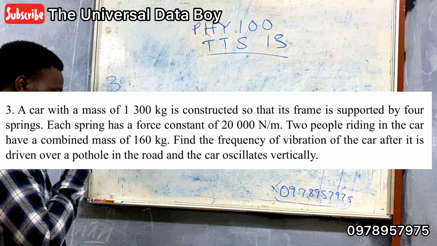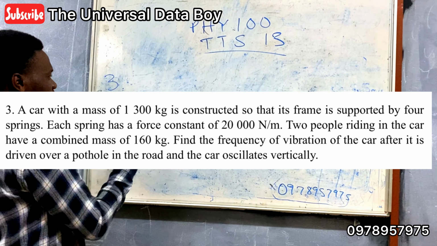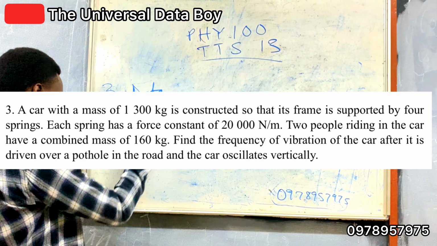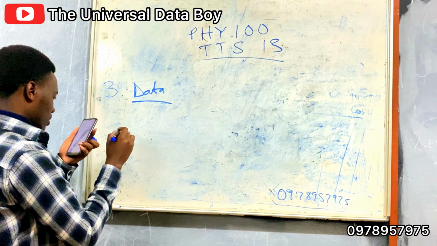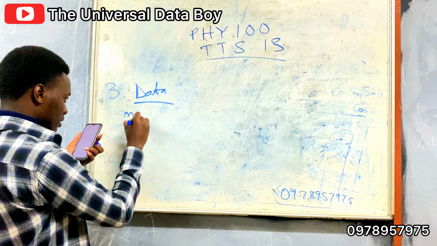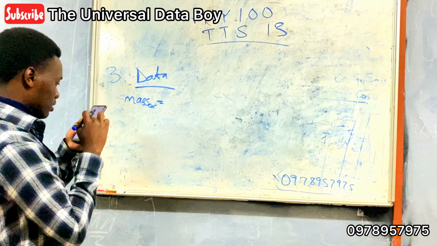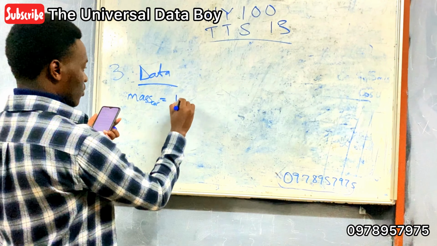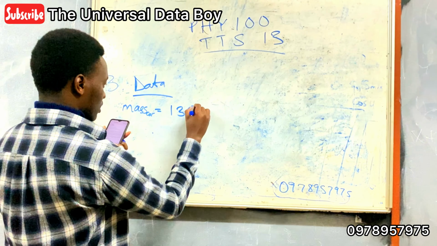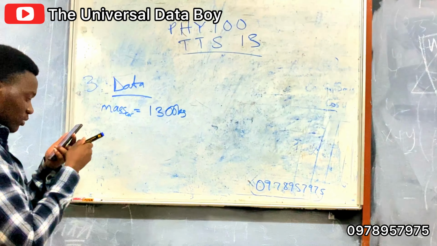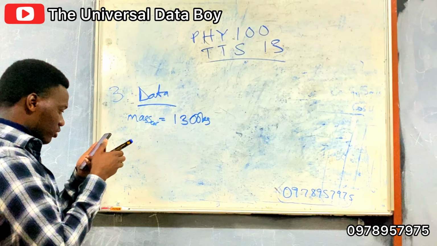So we have got question 3. It says a car with a mass. I think we can write it down while we are reading out the question. So it says a car with a mass of 1,300 kg, and then is constructed so that each frame is supported by 4 springs.